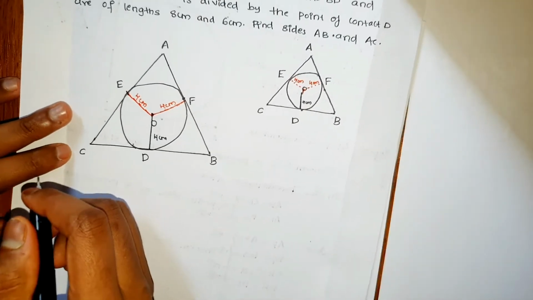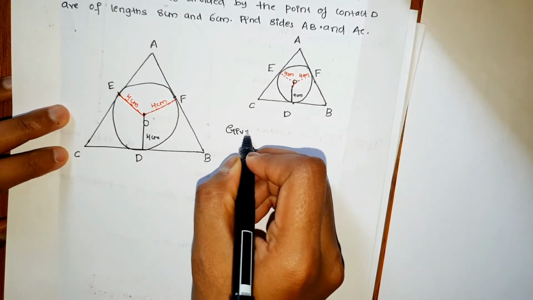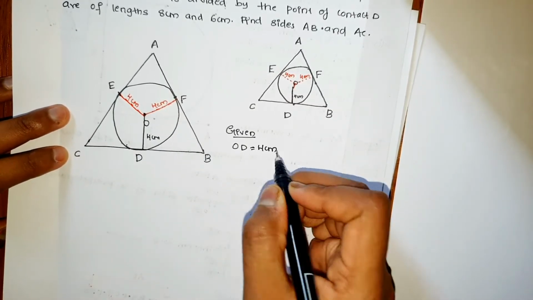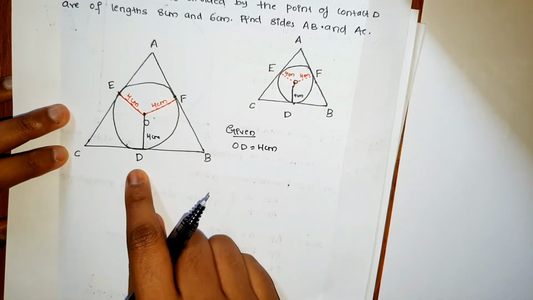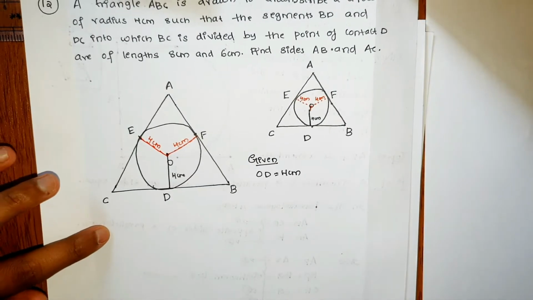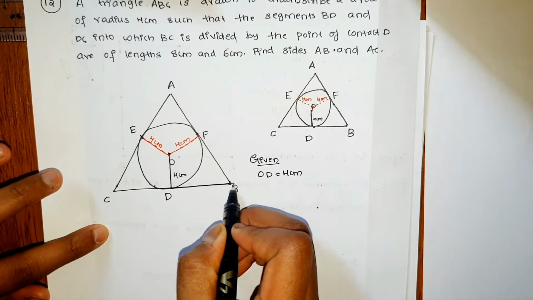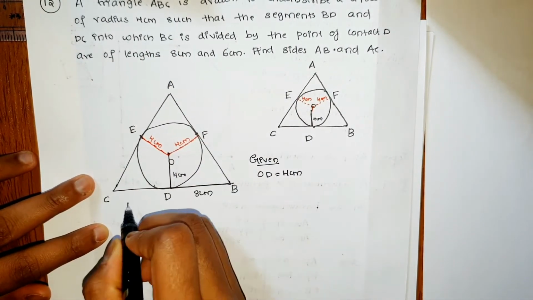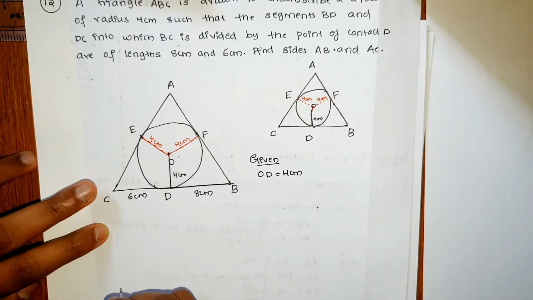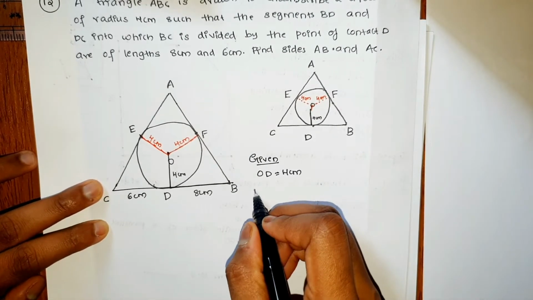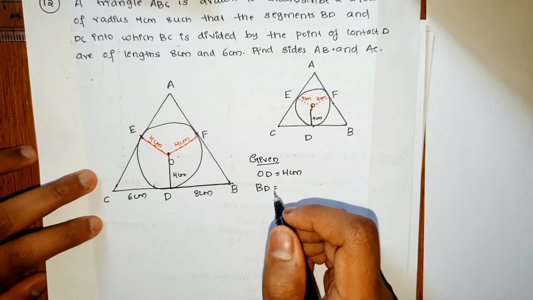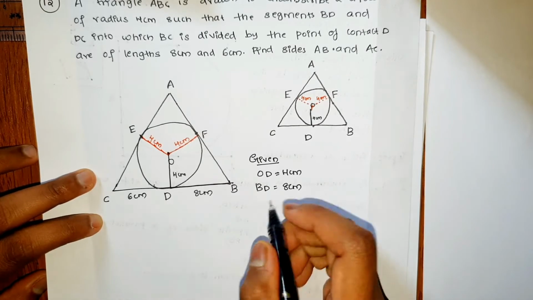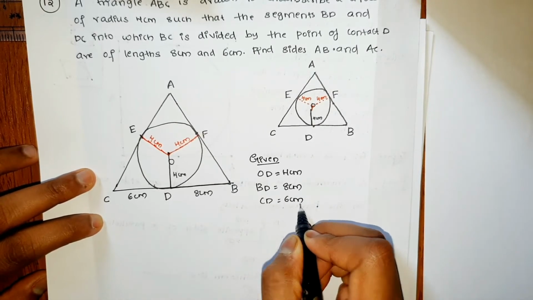So, given OD is equal to 4 cm, BD is equal to 8 cm and CD is equal to 6 cm.